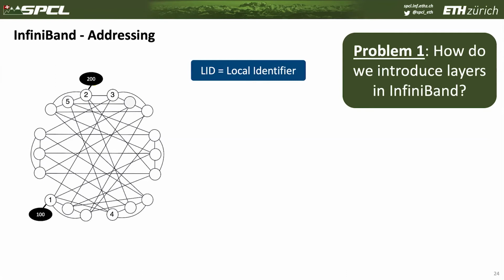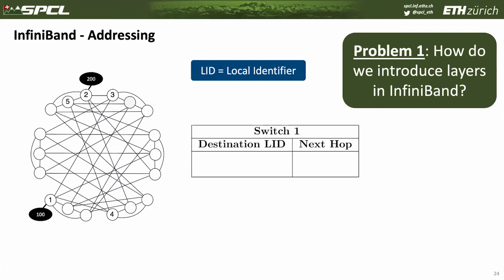Destination-based routing is very simple and efficient, as it uses a single linear forwarding table in each switch that is indexed using the destination LID of a packet. For instance, say end node 100 wants to send to end node 200, over a path from switch 1 over switch 3 to switch 2.